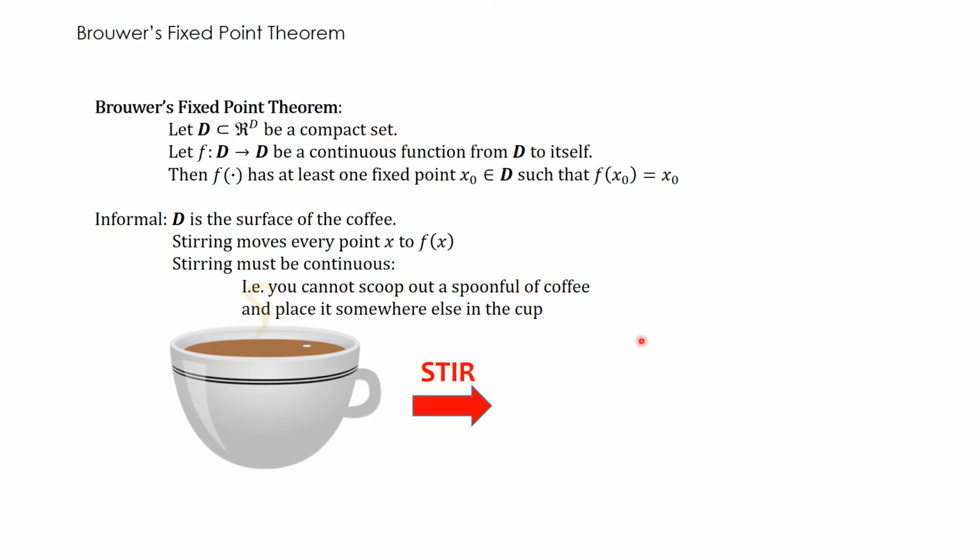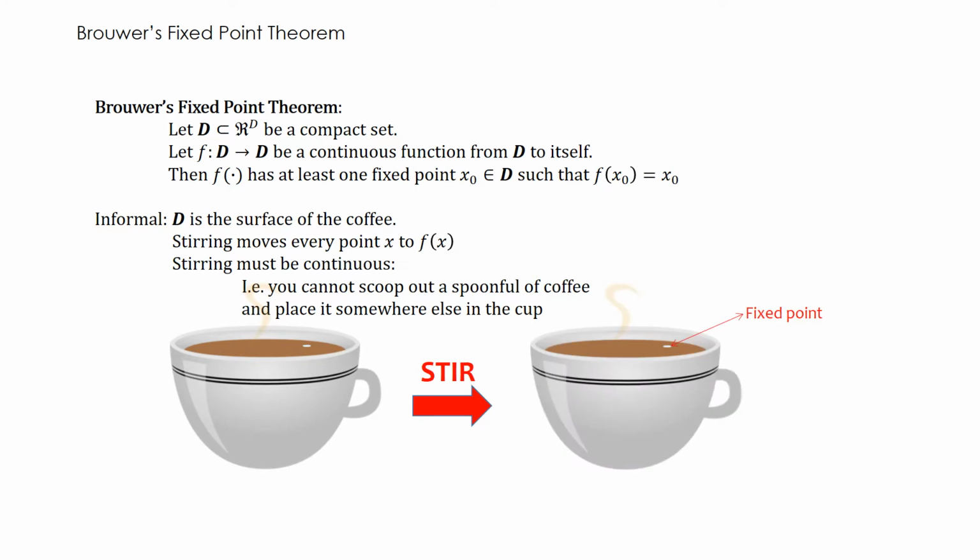The function has to be continuous. So according to Brouwer's fixed point theorem, we know that all the points in the surface are displaced, but there is at least one point here whose position remains unchanged. So that is the fixed point. f of x naught equals x naught.